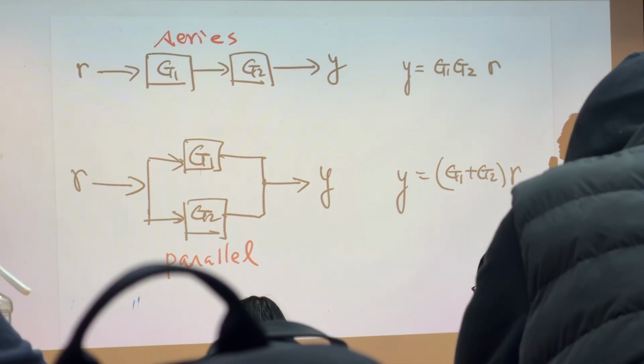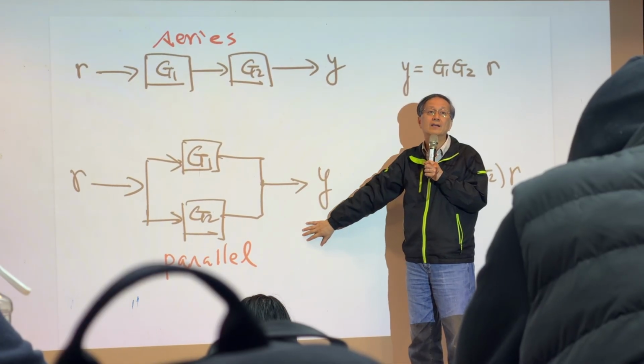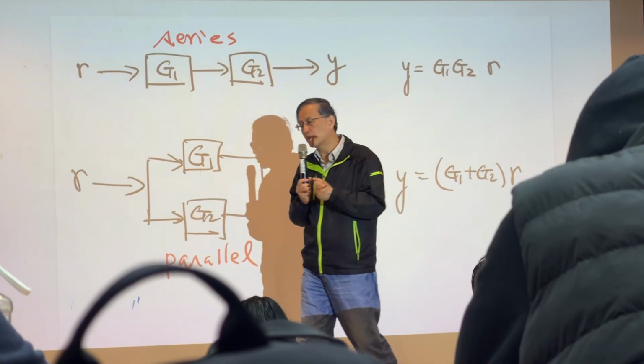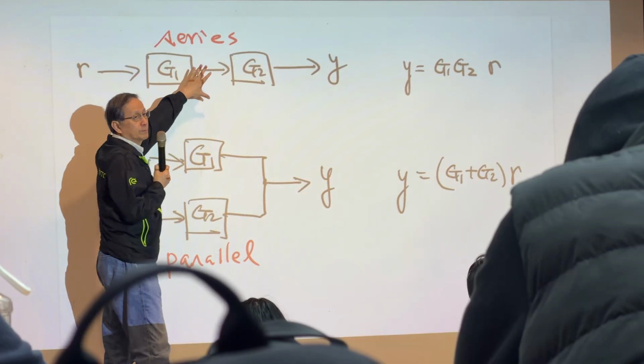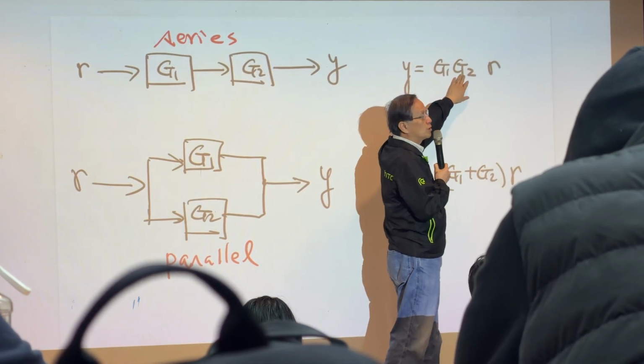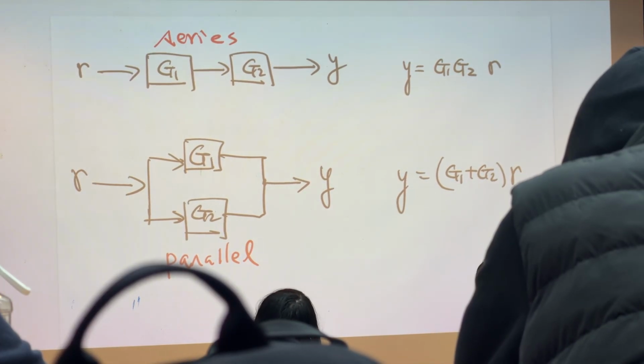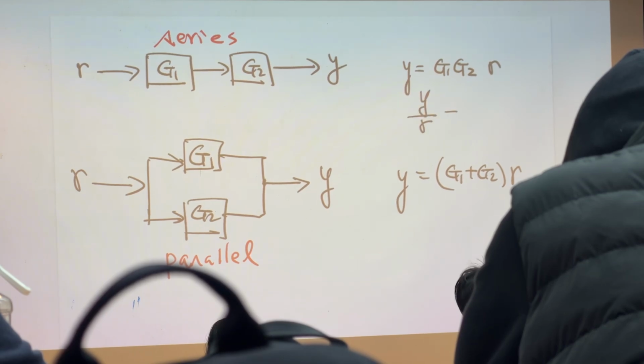In Chinese, this is 串联, this is 并联, right? So if you have two block diagrams like this, put together, y equals g1 g2 r, because they are in series. In this case, y over r equals g1 g2, right?